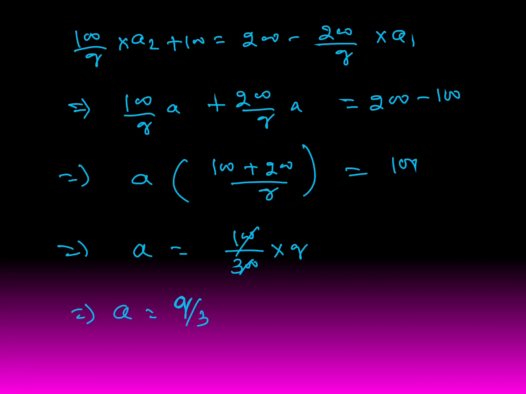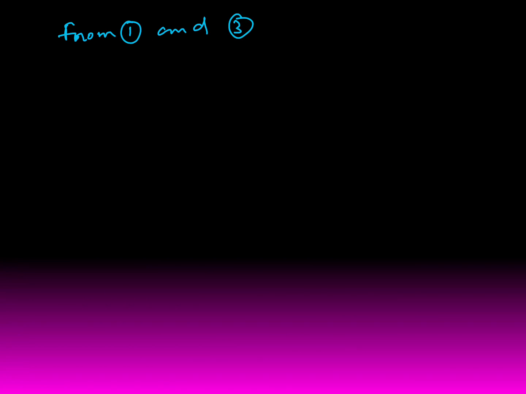This is equation 3. We have to calculate the tension value. So put equation 3 in equation 1. Our equation 1 is T equals 100 by g into A plus 100.